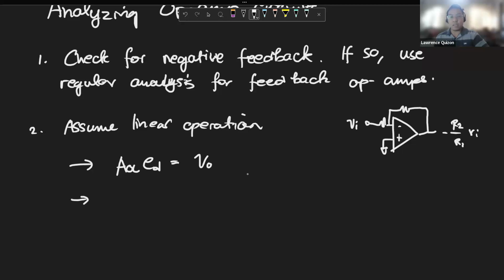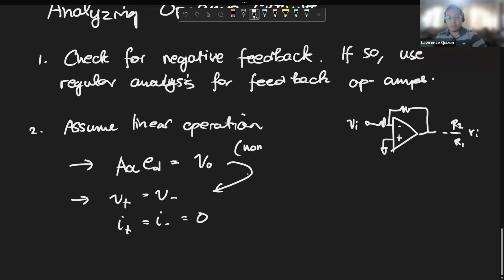We also apply the assumptions for ideal op amps, which is V plus minus V in equals 0, and I plus and I minus are both also 0, no? So actually, sige, let's do it like this: this is for non-ideal, this is for ideal. All right?